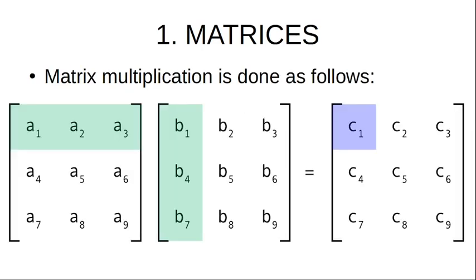Matrix multiplication is done as follows. Suppose we have matrix A and matrix B, and we want to form matrix C by multiplying A and B. We take the first row of A and multiply it by the first column of B, element by element, then add the products to form C1.